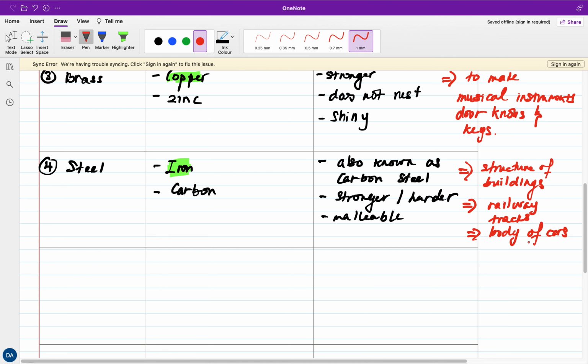Other properties that you can put is it does not rust easily as well.